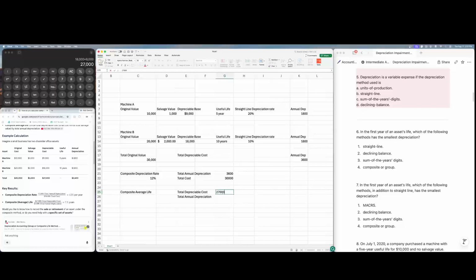The total depreciation, 3,600. So we'll get the average life, which is 7.5 years.